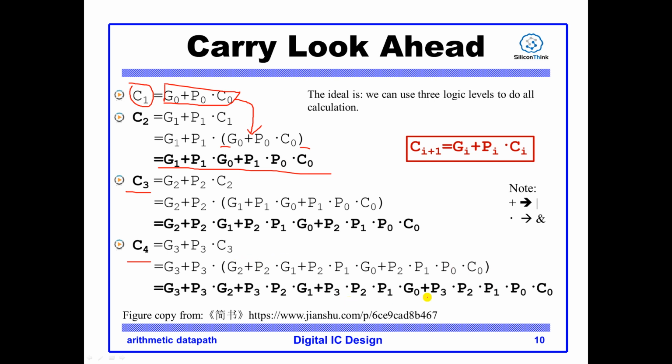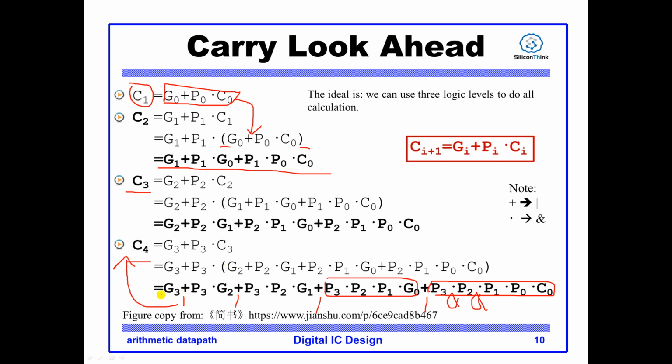So at last, you can get a function like the one we have described before. You get a lot of AND gates with many inputs, and OR them all together at last to get the final result. This is something like that.